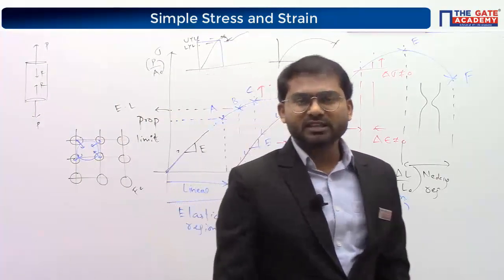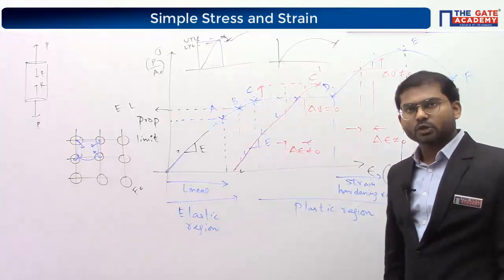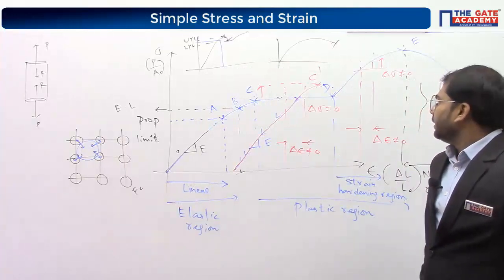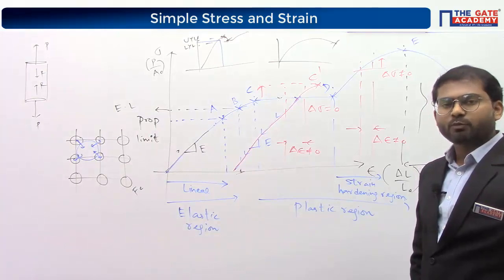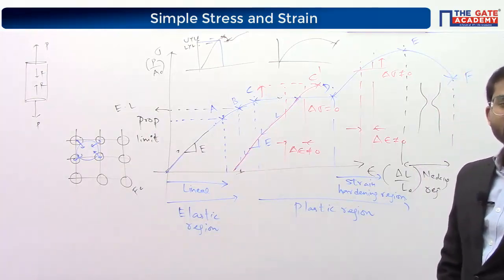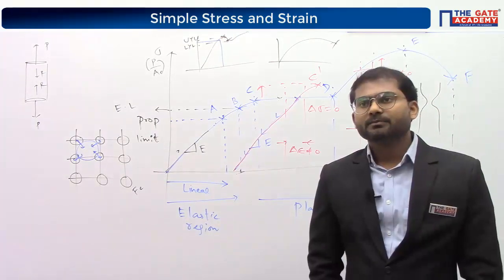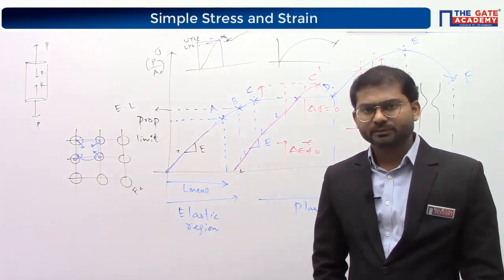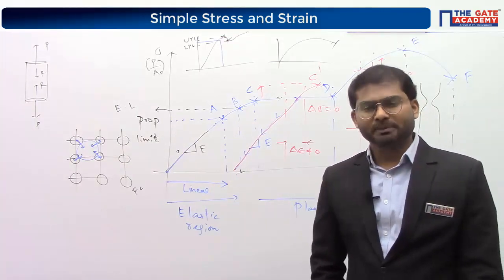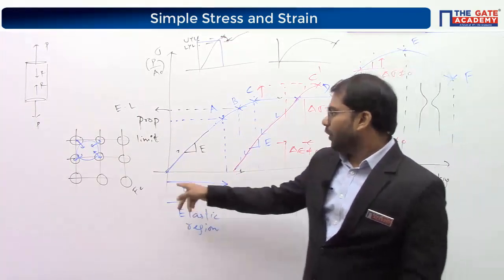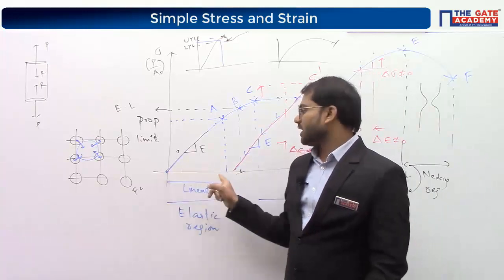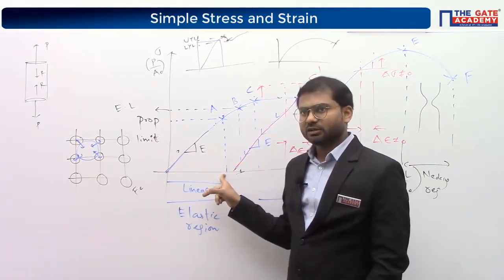Okay. If everything is clear and nobody has a doubt, I can go ahead with one important point regarding ductile materials, or any material basically. Fine? Everybody please pay attention. I have discussed what the region from 0 to A is: it is the linear region.